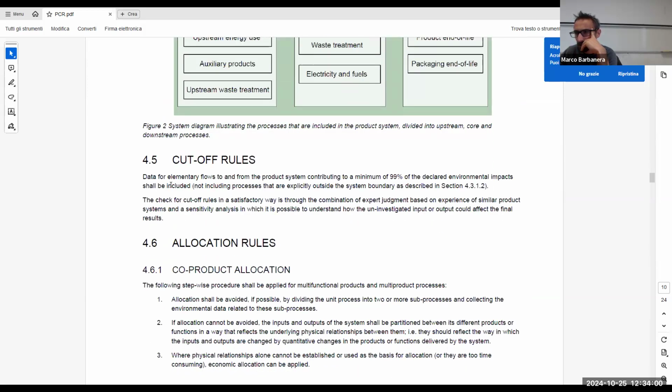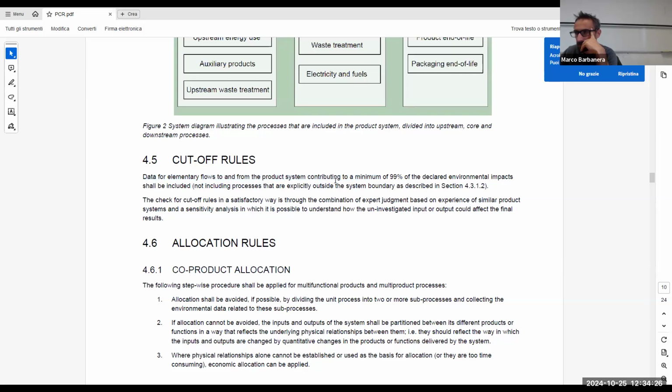You can find the cutoff rules. I remind you that cutoff rules are the rules to exclude some data from the inventory. In this case, the cutoff rule is based on a mass basis.